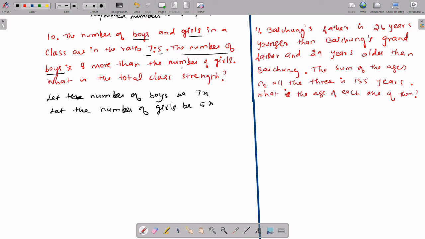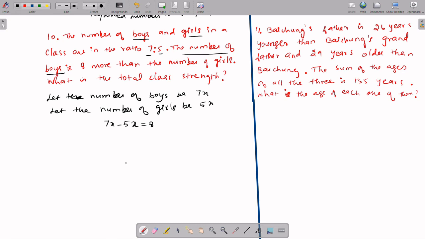Boys' strength is 8 more than the girls. So we have to write the difference: 7x minus 5x is equal to 8. That is the meaning of the number of boys being 8 more than the number of girls.